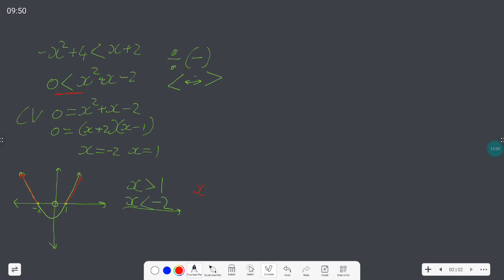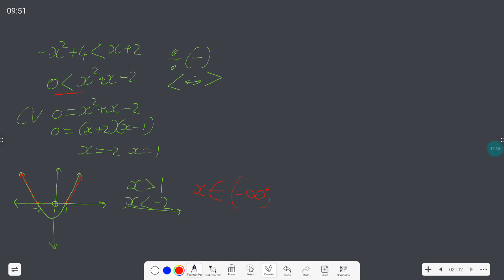X is an element of, now I just have to see exactly where it lies from -infinity up until, so what's my lower limit in this case?